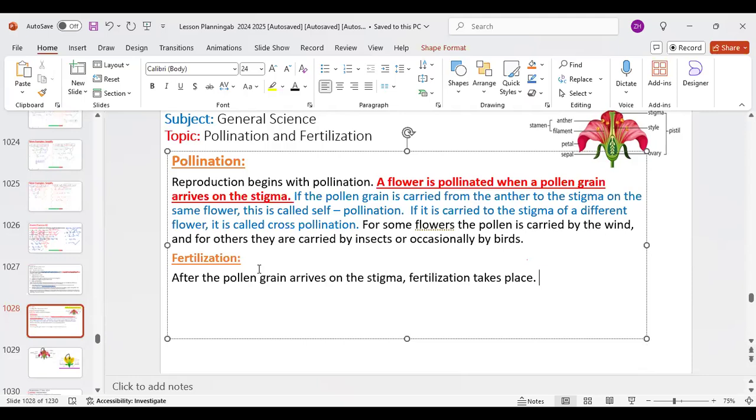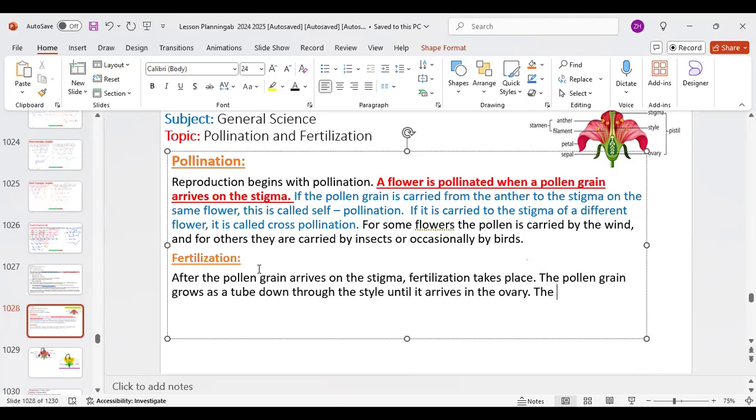So what happens? The pollen grain grows as a tube down through the style until it arrives in the ovary.